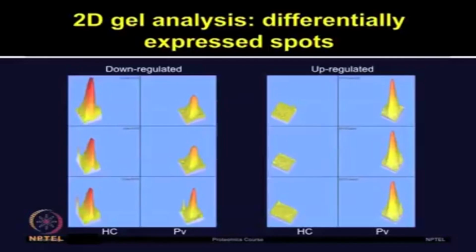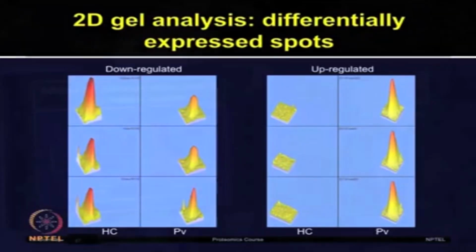Now, those spots which we found were showing good differential expression, we looked at the 3-dimensional views of those spots to ensure that those are not artifacts and those are real spots showing up or down regulation of these proteins in human serum.